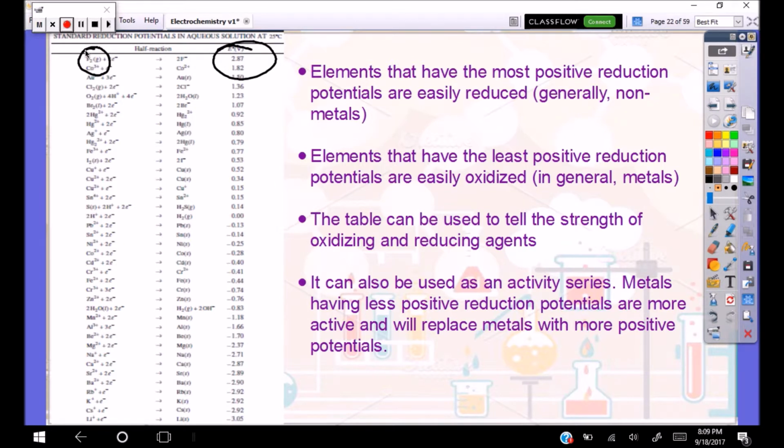Elements that are the least positive are easily oxidized. So then down here is actually lithium. So Li plus, and we've got Li, solid, and then here we go from F2 to 2F minus.